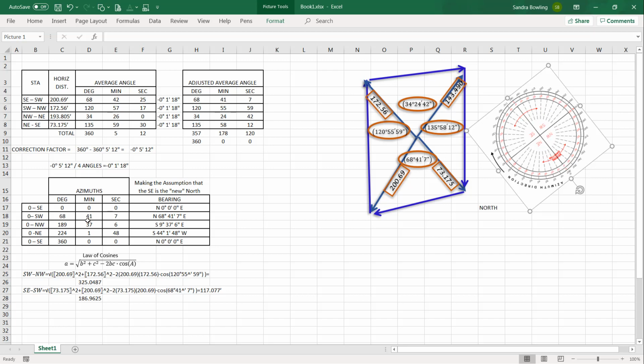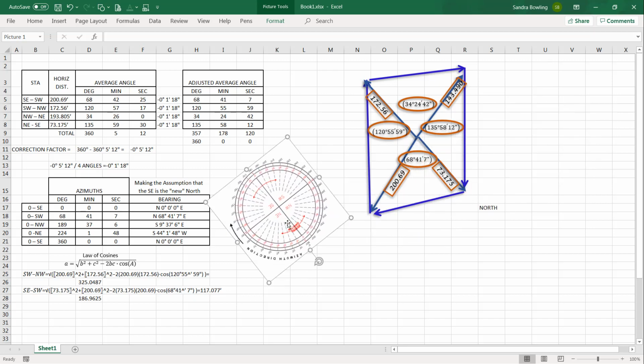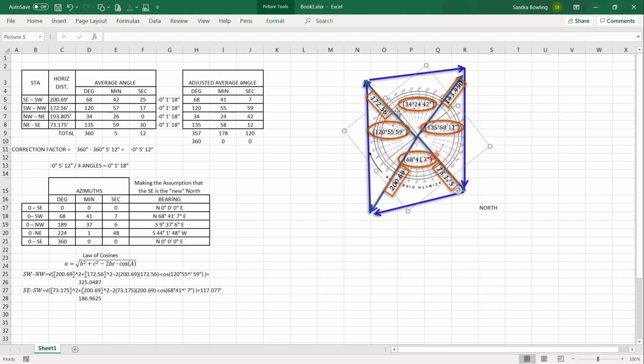north line. So over here what I've done is I've said, okay, if this is my new north, I turn 68 degrees. 68 degrees is still in the northeast quadrant, okay? Now, the line here, let me move it back so you can see, the line here is now in the southeast quadrant.